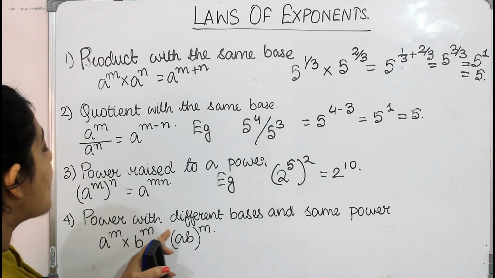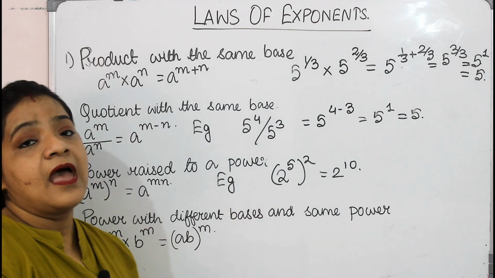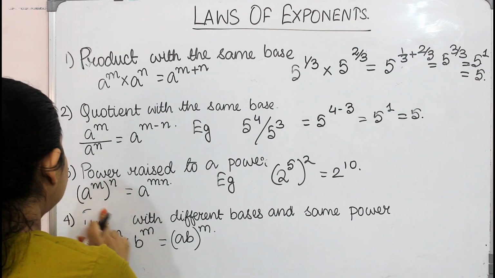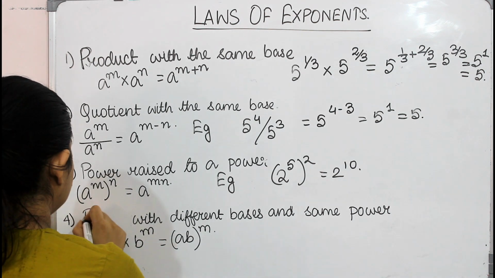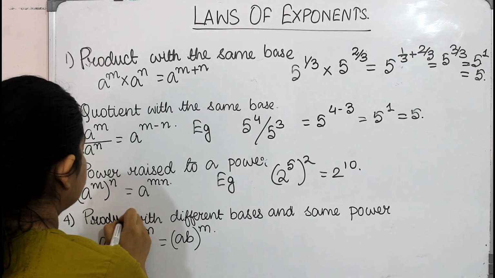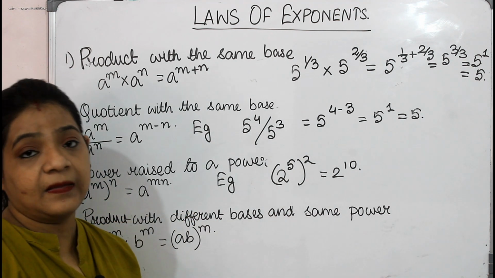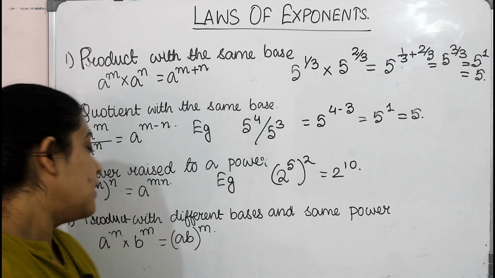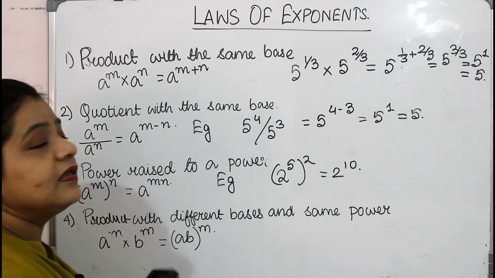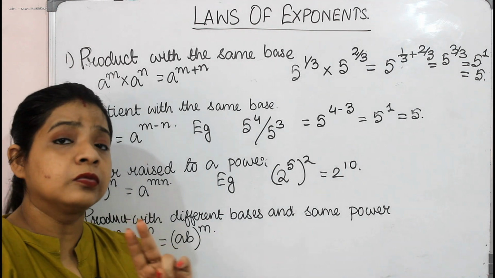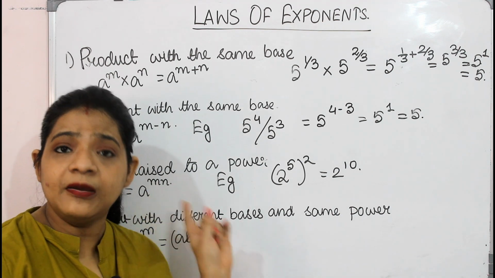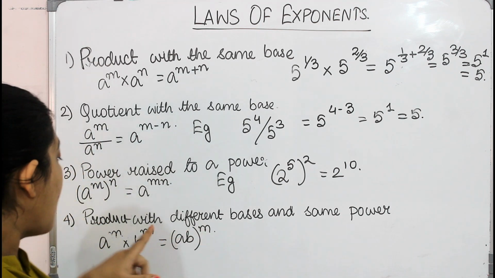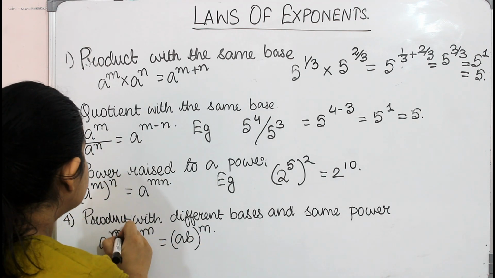Next is the product with different bases and the same power, like a to the power of m into b to the power of m. a is a base, b is also a base, but those two are not similar bases. a and b are two different bases, but you have the same power.